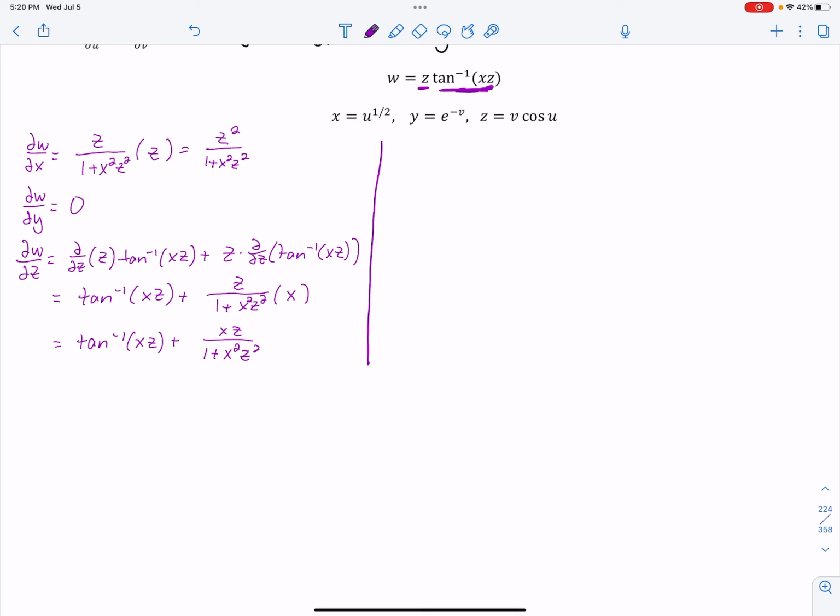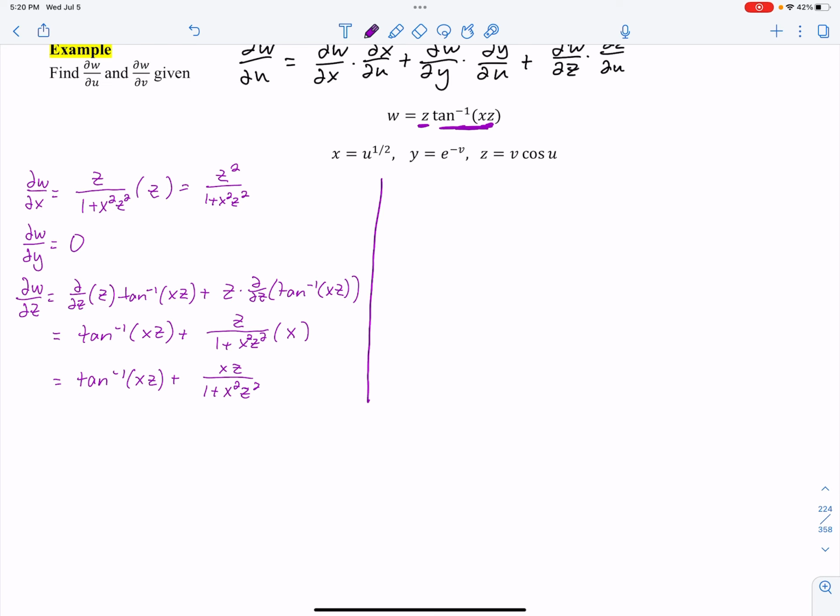Now we have two variables, u and v, so I'm going to need dx du, dy du, and dz du. Let's do those first. So I got 1/2 u to the negative 1/2. There is no u in y, so that's 0. And then z with respect to u, that's a cosine, so it's negative v sine u.